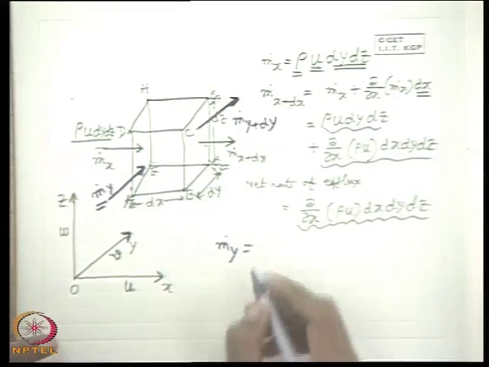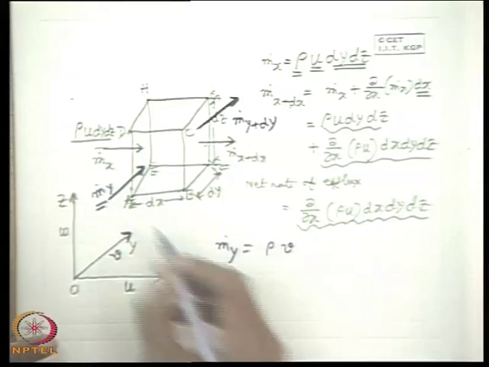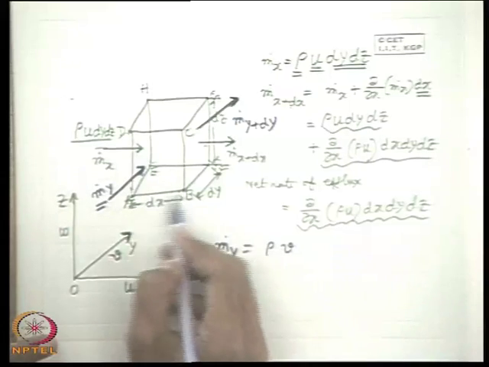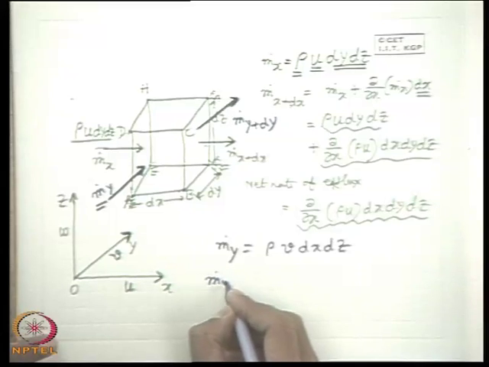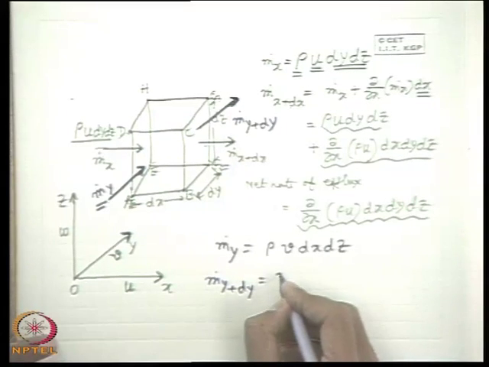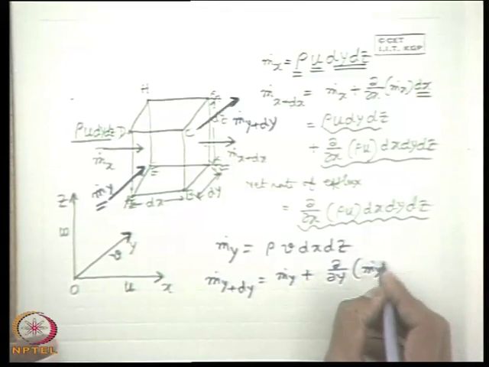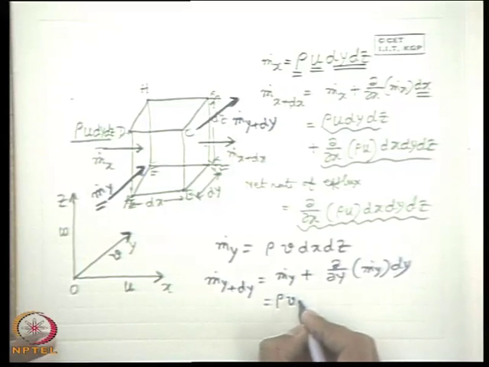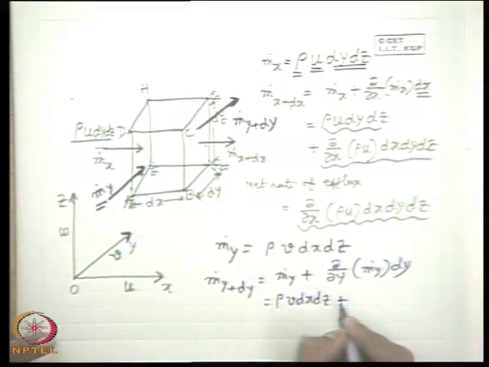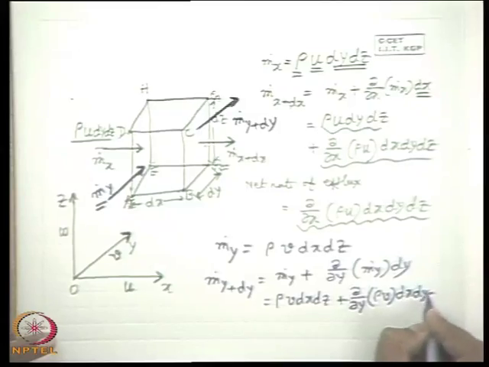Then with the similar concept, m dot y is rho times the volume flux, that is the flow velocity in this direction v, times this area dx dz. And with the similar notation, m dot y plus dy is m dot y plus del y of m dot y dy. We can write this is equal to rho v dx dz plus del y of rho v dx dy dz.